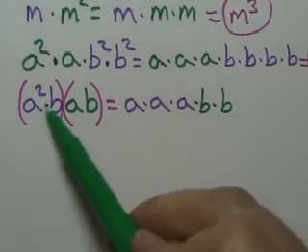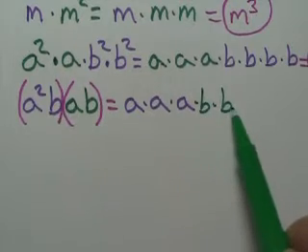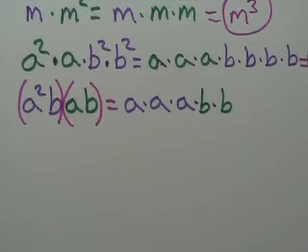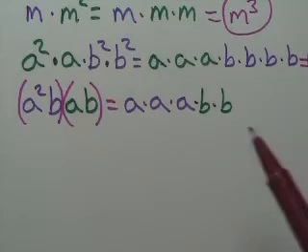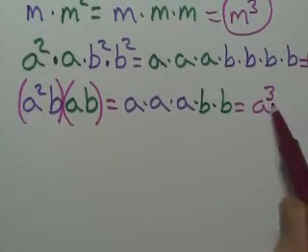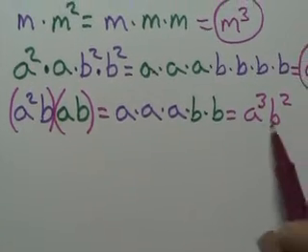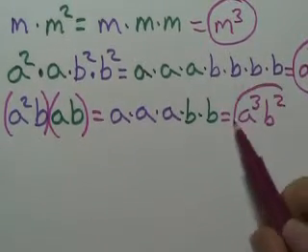So see that? I have 2 a's and another a, and then a b and a b. And what's that total out to be? Let's see, there's 1, 2, 3 a's. And b's, there are 1, 2 of them. So it's a to the 3rd, b squared.